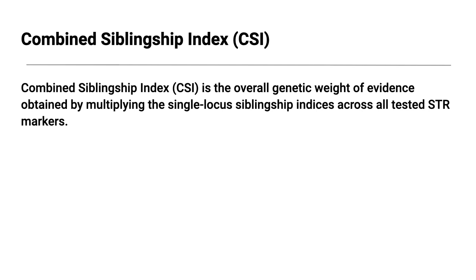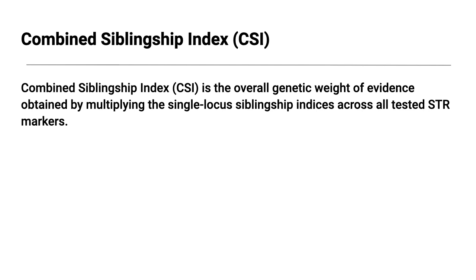Siblingship index to come up with the combined siblingship index, or the CSI. So it is the overall genetic weight of evidence obtained by multiplying the SI in these loci.